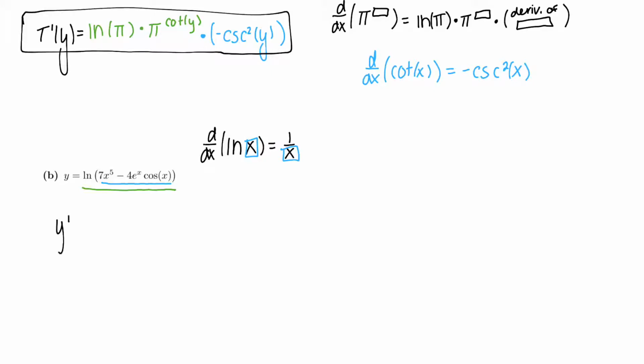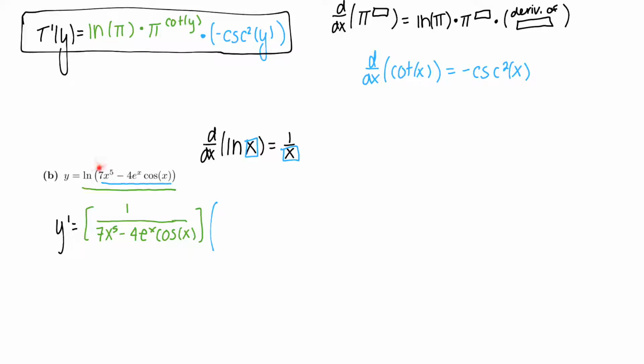So starting this derivative off, the derivative of the outside, we have 1 over the inside part, which is 7x to the 5th minus 4e to the x cosine x. That is the derivative of the outside. It is derivative of ln x, so 1 over x, 1 over the inside. Now we're multiplying it by the derivative of the inside.